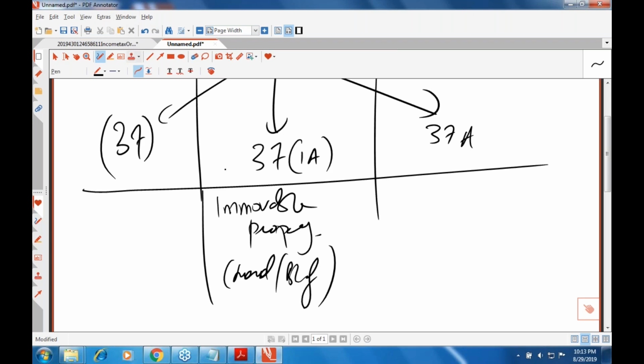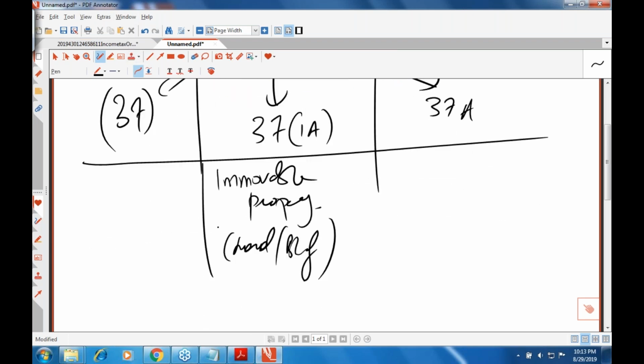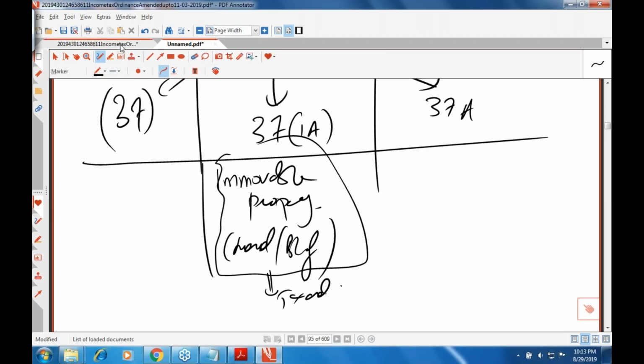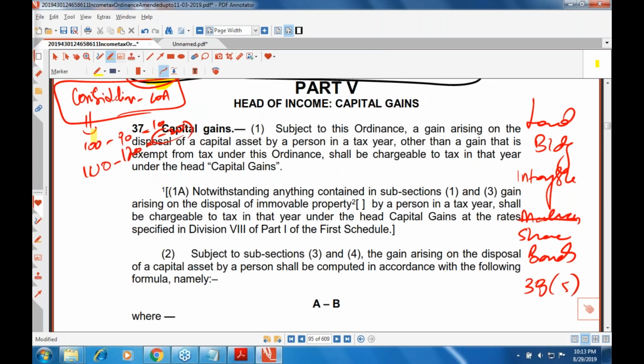So for example, if you dispose of immovable property, then your gain on disposal is going to be computed and taxed in a different manner. How exactly is it going to be taxed? I'll explain that.